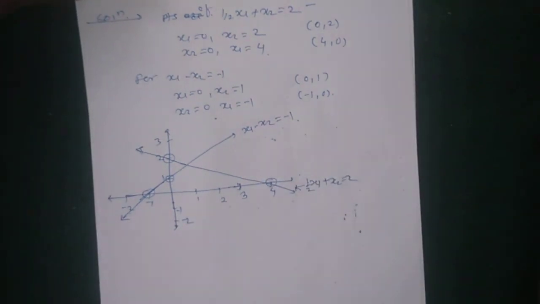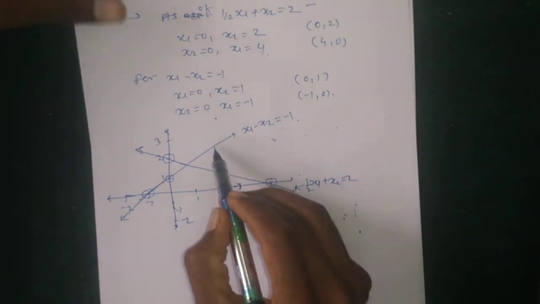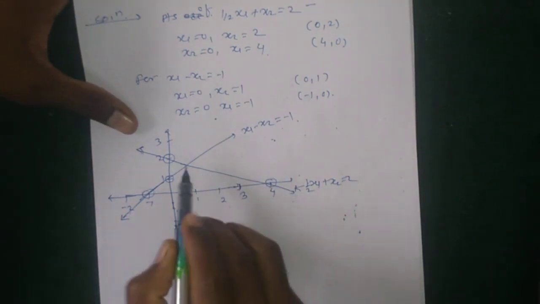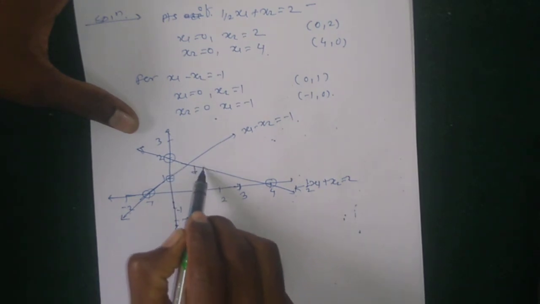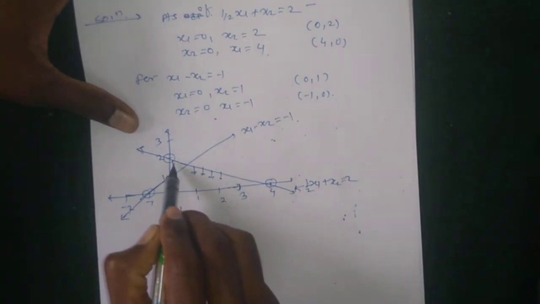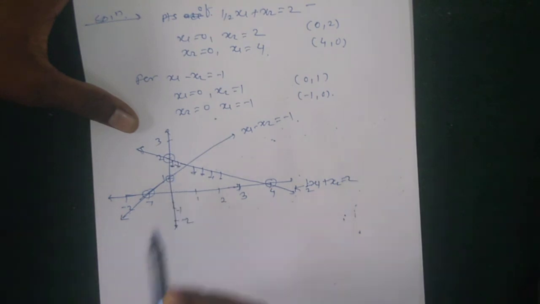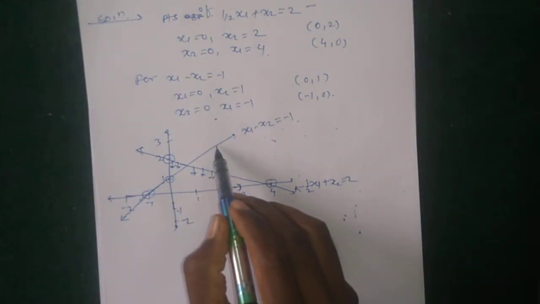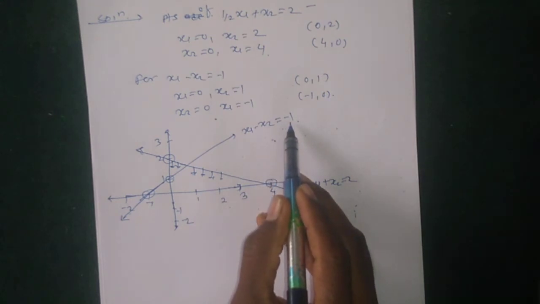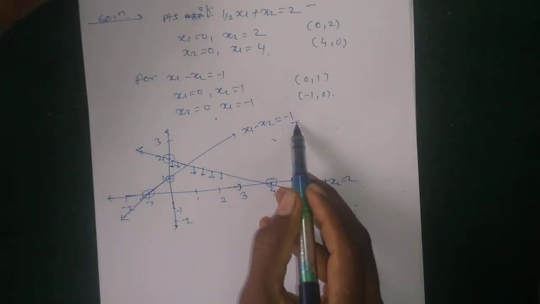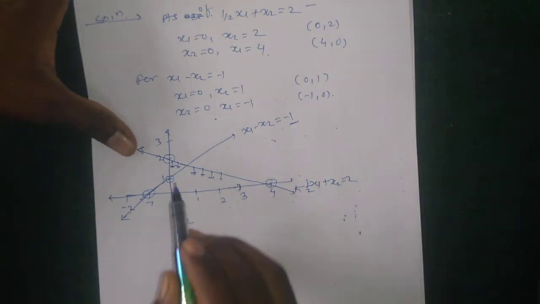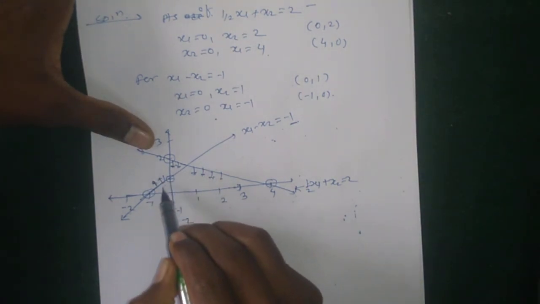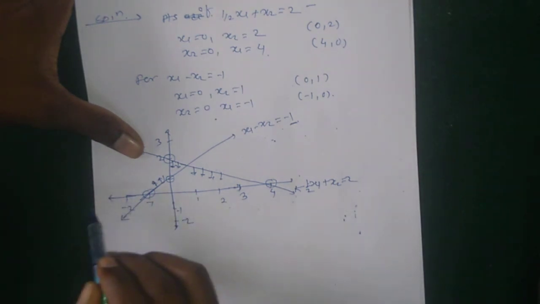Okay, so firstly the region of 1/2 x1 plus x2 less than or equal to 2: their region is the below side of this line. Less than or equal means below side. And the region of x1 minus x2 is equal to minus 1, this is also less than or equal, therefore the region of this line is the upper side, because here all terms are negative.